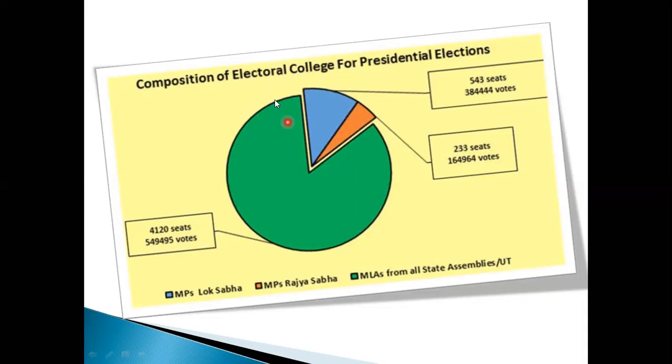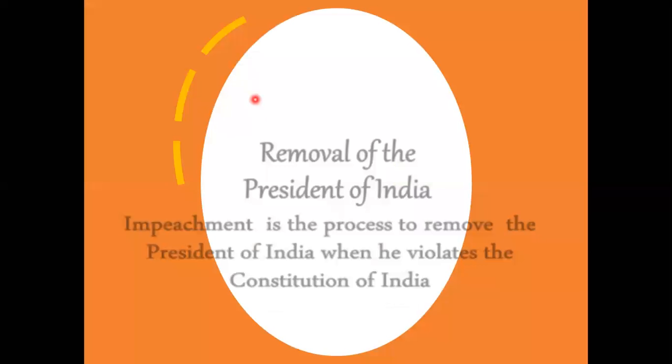In this electoral college, Lok Sabha members, plus Rajya Sabha members, plus all state Vidhana Sabha members are there. That is, the members of parliament of the Lok Sabha, the members of parliament of the Rajya Sabha, and members of legislative assemblies of all states and union territories. This is the way to elect the President of India with the method of electoral college, which is also called the indirect election system.